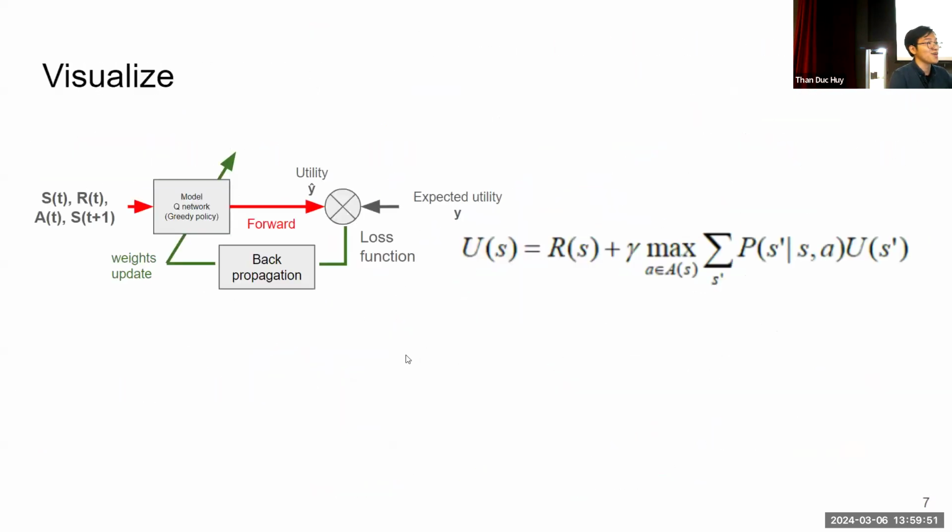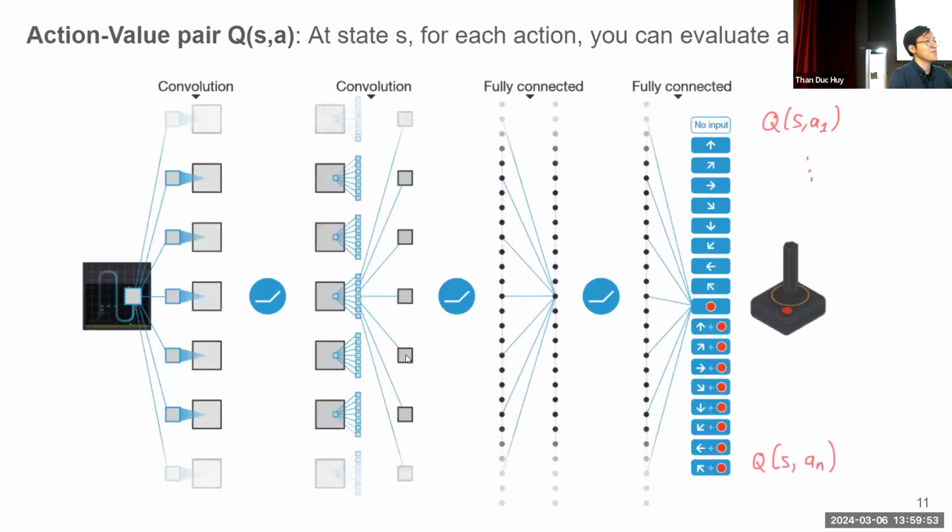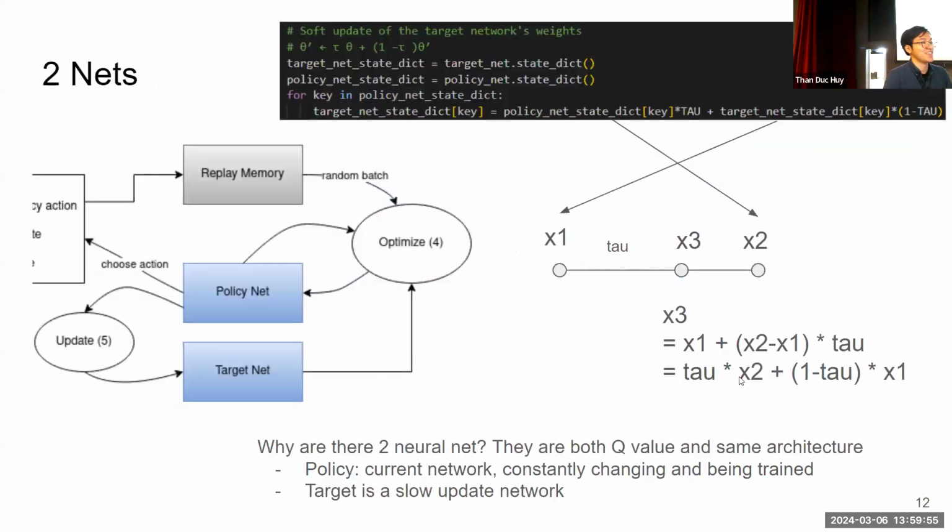But down here in the policy, it has a different form, but ultimately mathematically the same. So tau x2 and 1 minus tau x1, which is matching this. So basically it is trying to copy and paste the weights over to the target net, but it doesn't just blindly copy and paste. It will go somewhere in the middle.